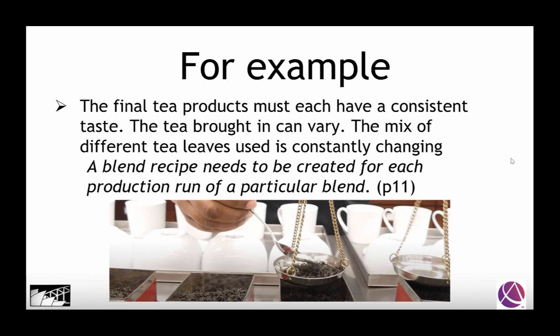In so many other businesses, we have consistent inputs. Here we need a consistent output, and the inputs do vary. And that's the role of the blender. A blend recipe needs to be created for every production run of a particular blend. So every production run has its own blend, because the leaves are going to be different from one run to the other. This comes straight from the pre-seen material.